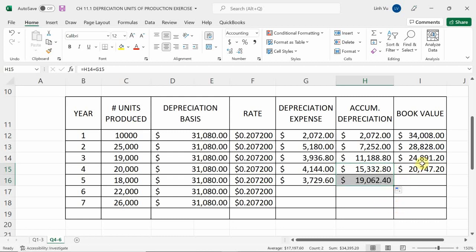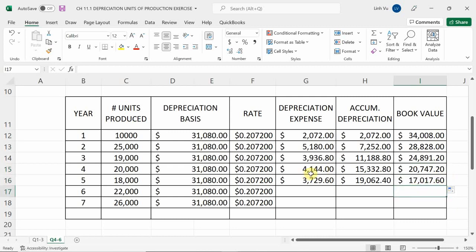Good. And then last but not least, how much should your book value be at the end of year 5? 17,017.60. Okay, good.